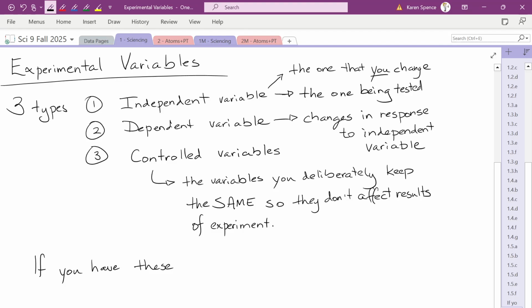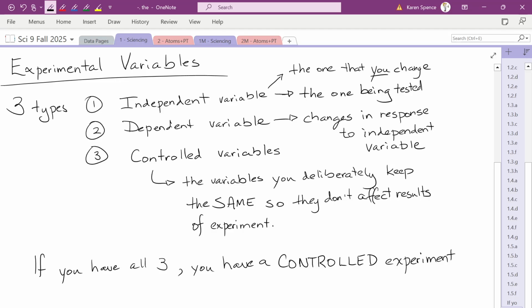If you have all three, so far we have 4 vocabulary words.